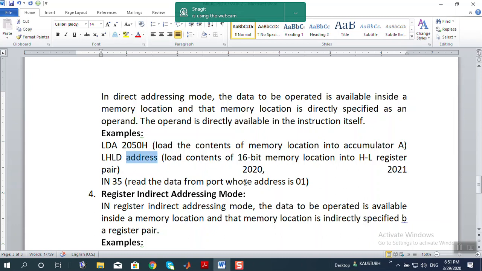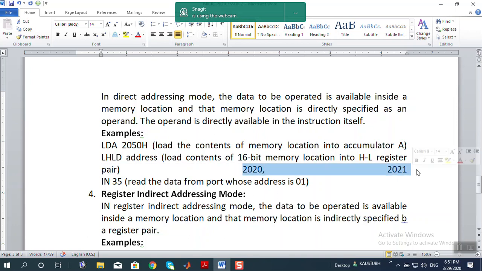It is understood by the processor that it will copy the content of the memory location whose address is given here to L, and the content of the memory location whose address is one more than this address, that is 2021, it will copy to H. So load the content of a 16-bit memory location, that is 2 consecutive memory locations, into the HL register pair.